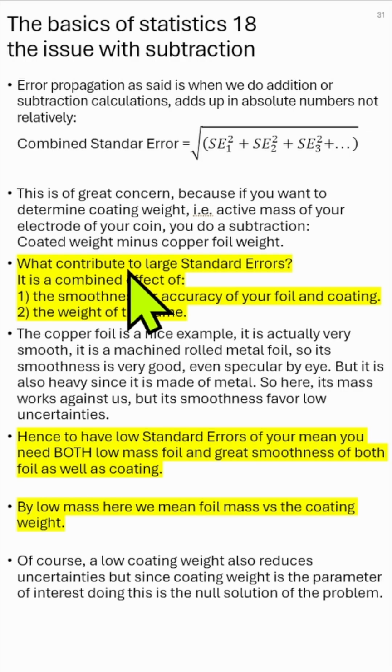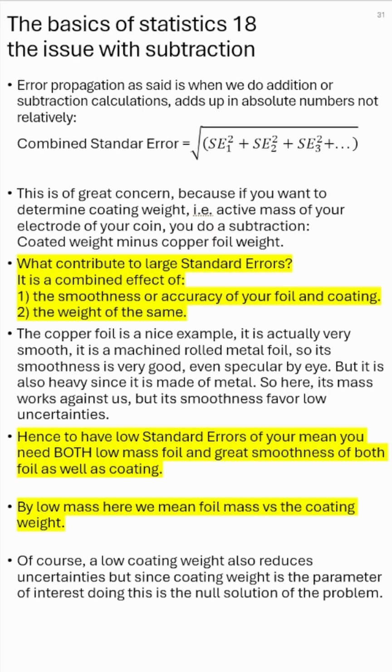So what contributes in such a case to a large standard error? So here you must understand there's two things. It is both the smoothness of the foil or the coating, and it's also the weight of the same, since it is absolute numbers that we're adding. So a small variation in a very heavy solid coating, or actually if we take the metal foil, it is solid metal.